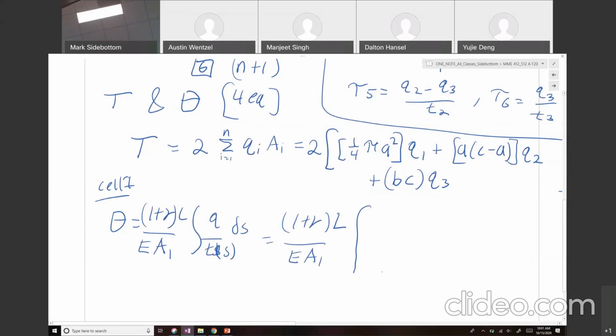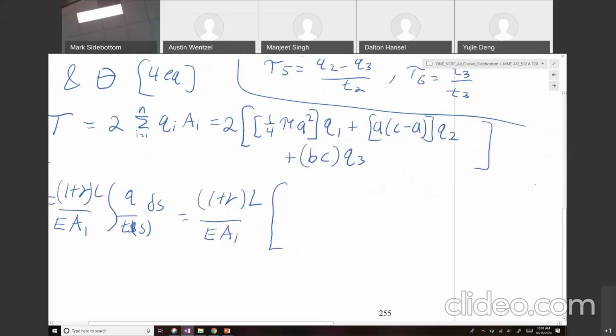So the only thing that we have to do most of the time is evaluate this integral here. Okay?